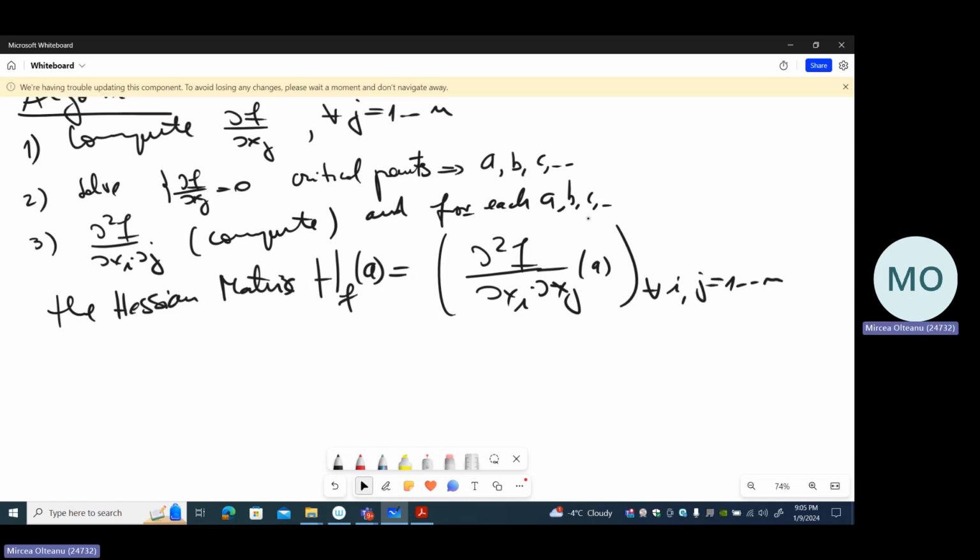Yes, it's a symmetric matrix. We know that the eigenvalues of a symmetric matrix are always real numbers.